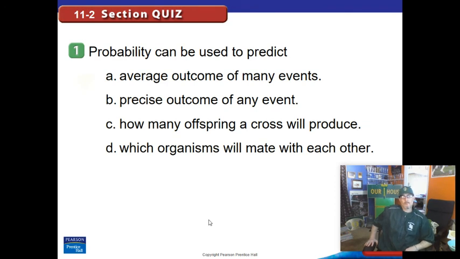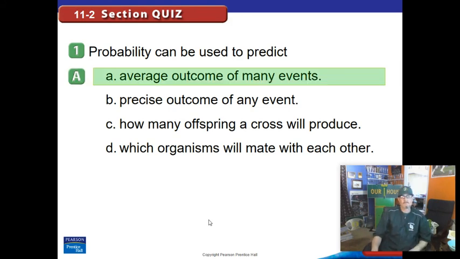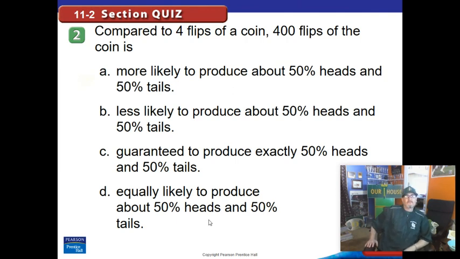Okay, probability can be used to predict. Take a look back, I believe at number 26. Yeah, the average outcome of many events. Compared to 4 flips of a coin, 400 flips of the coin is more likely to produce 50-50, less likely to produce 50-50, guaranteed to produce 50-50, or equally likely to produce 50-50.